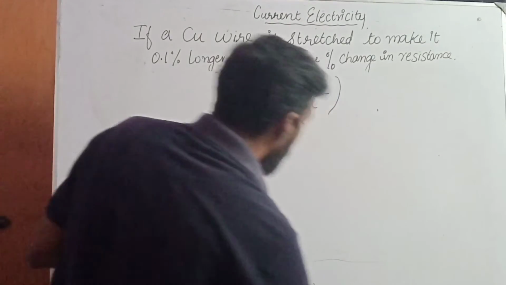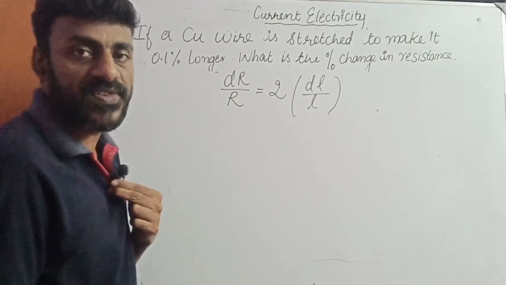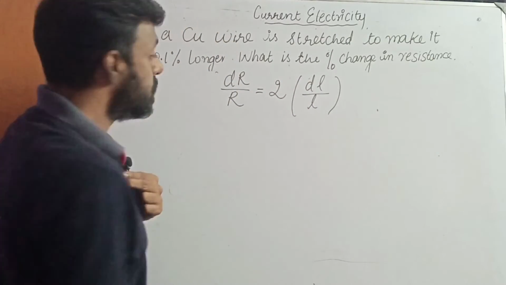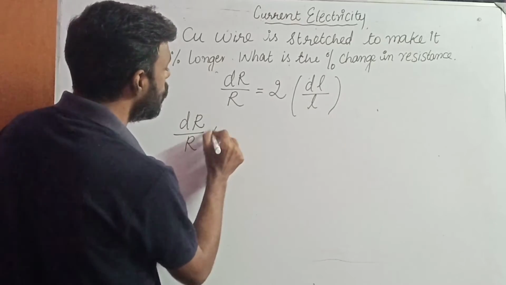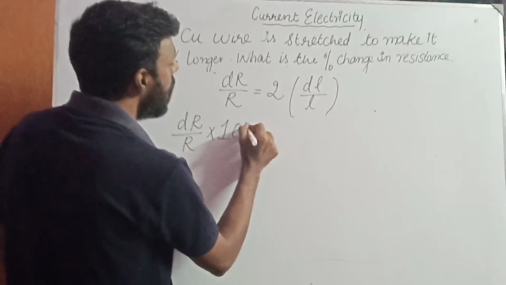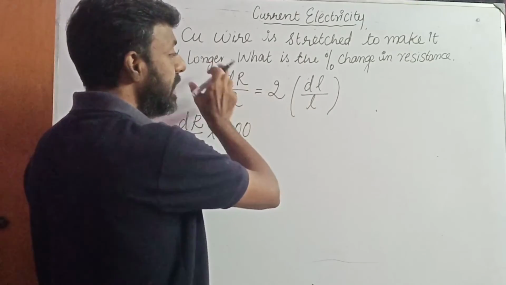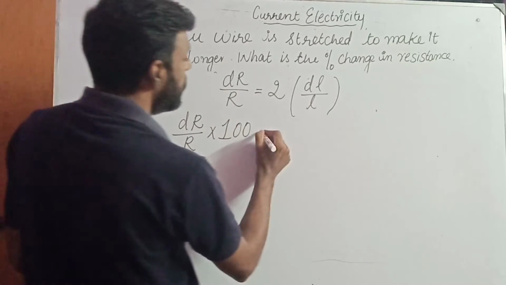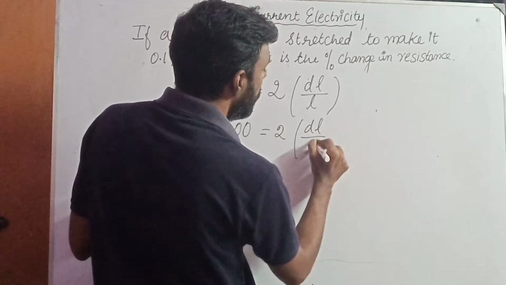They are asking us to find the percentage change in resistance. For percentage we need to multiply by 100, on both the left hand side as well as the right hand side. dR by R into 100 is equal to 2 into dL by L into 100.